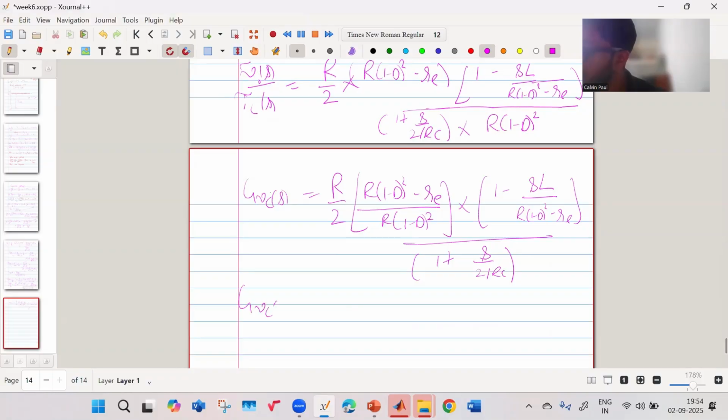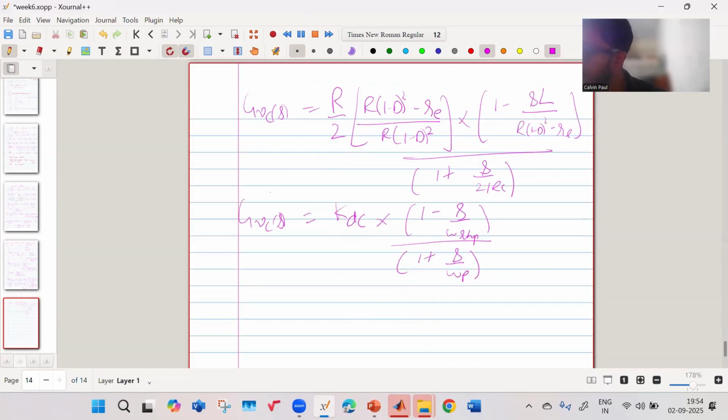So this GVC of S is your KDC gain into 1 minus S upon omega RHP, upon 1 plus S upon omega P. Where your KDC is R by 2 into R(1 minus D) the whole square minus RE upon R(1 minus D) the whole square.